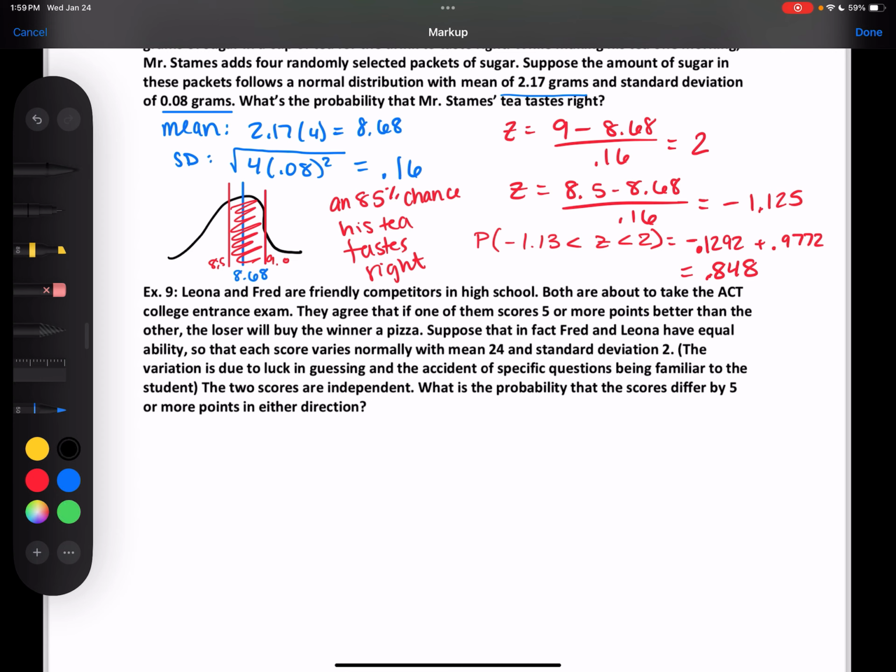So, either direction means that they can be what? Yes, negative or positive. So, my little chart. So, if they both score 24, the mean is going to be 24 minus 24, which is 0.